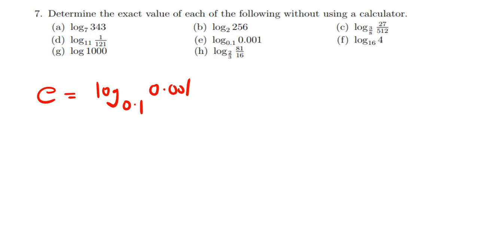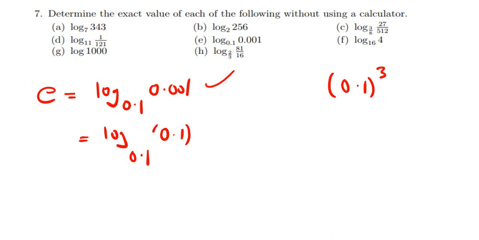You know that 0.1 to the power, let's say 3, it will give you this. Okay, you're going to multiply, it's going to give you 0.001. So what are we going to have? We're going to have the log of, the base is 0.1, this will be 0.1 to the power 3, because it's the same as this.